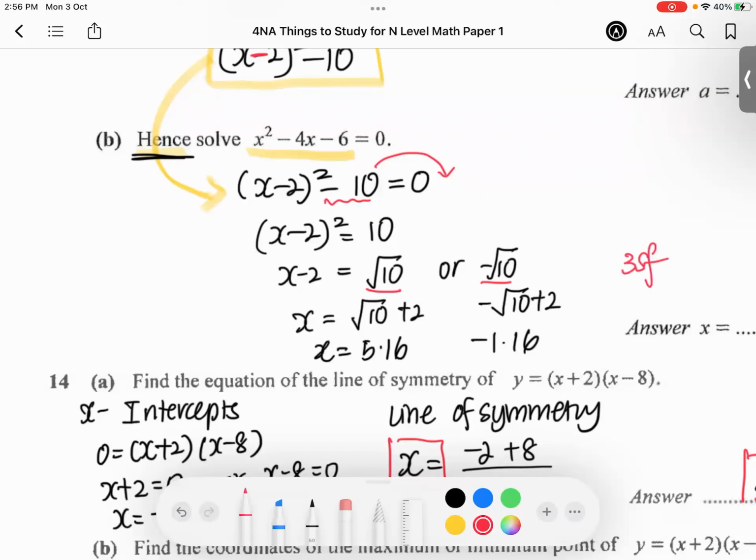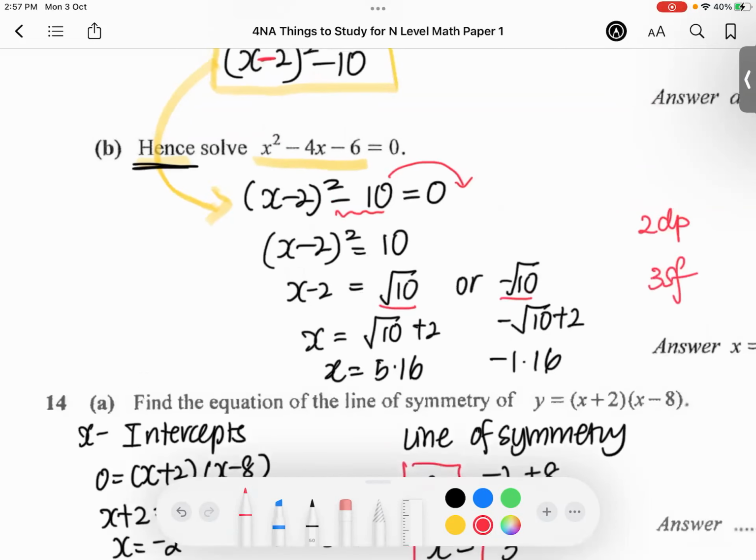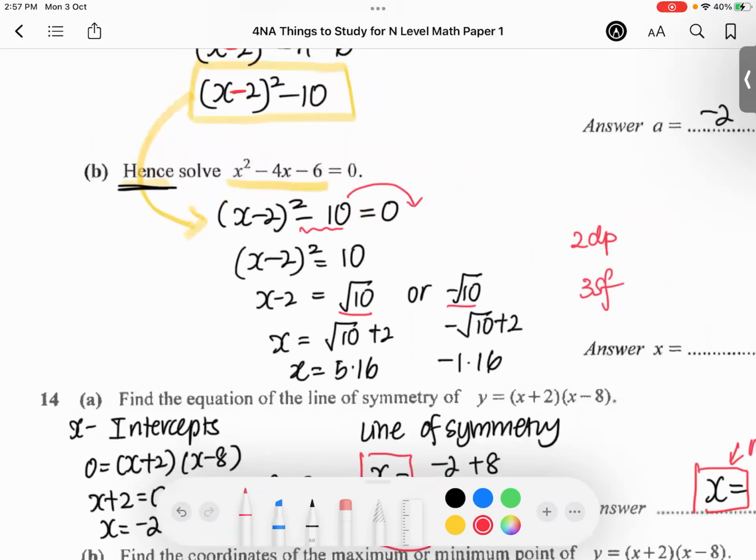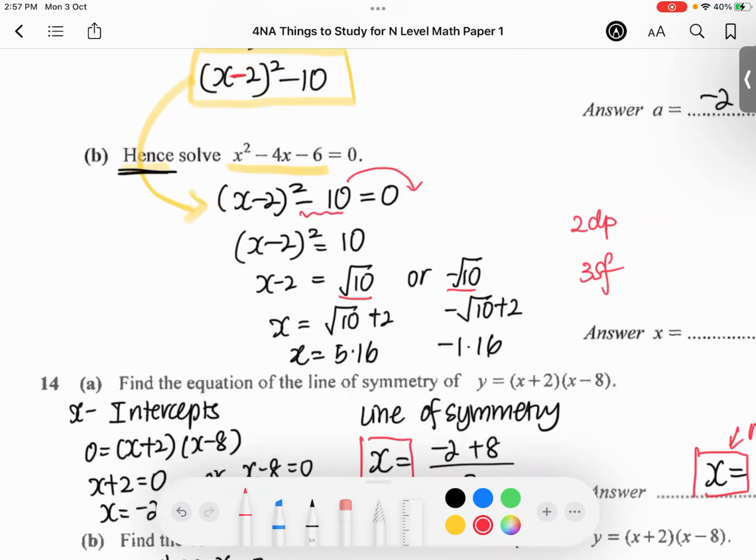If the question did say 2 dp, okay, follow the question. They say 2 dp, follow the question, 2 dp. Until this part for completing the square, is everyone okay? Can? No response. Okay, one person with the thumbs up. Okay, the rest I do not know.